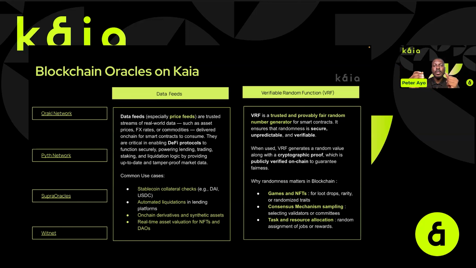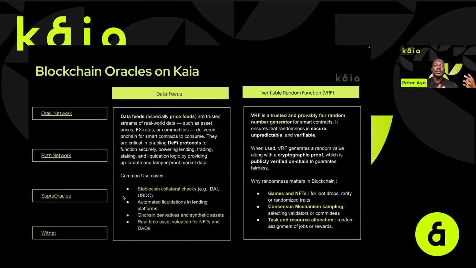This can be consumed in DeFi protocols, for building either your lending protocol, your liquid staking protocol, your trading protocol, or your staking app. So this is the major use of data feeds.